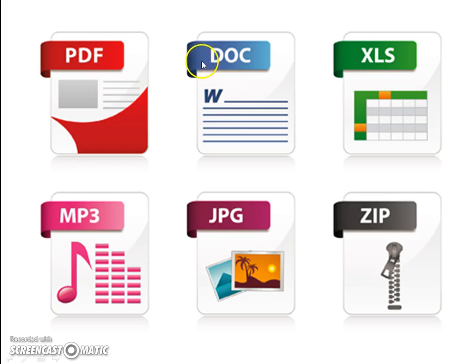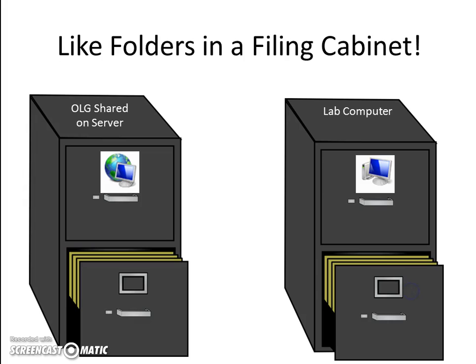Then there is the document or docx, and these are Word files, Excel spreadsheets or .xls, MP3s, which I think you're all very familiar with, JPEG files, which are basically pictures, and this one here is a zip file, which we don't use too much of, but it would essentially take a large file or folder and zip it up to something much smaller.